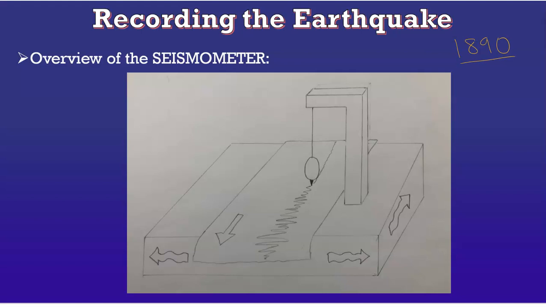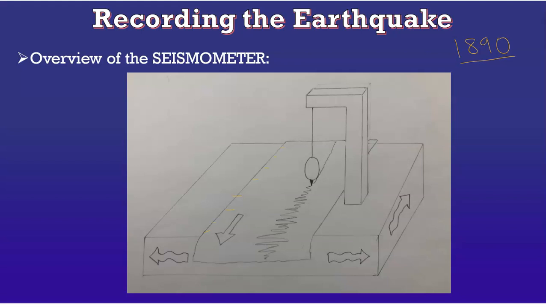So it's moved along with time, and there are time indications along the paper. So we can see when it started, how long it lasted for, and when each wave arrived. But the weighted ball would stay stationary through gravity and allow the paper that's attached to the ground to move and simulate and show the movement of the ground.